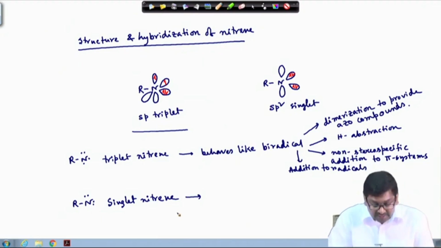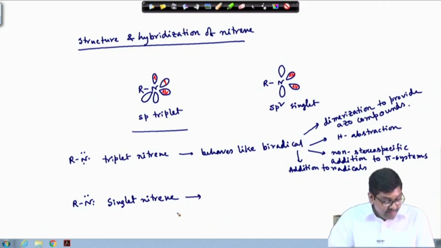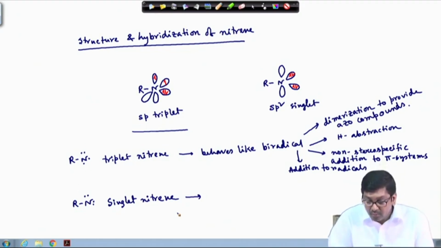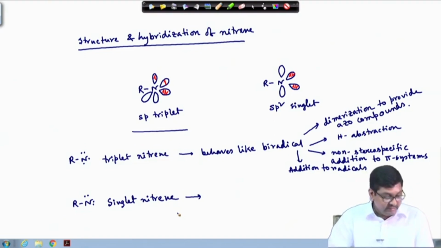One important aspect of this singlet nitrene is that it has one empty non-bonding molecular orbital, and that has the capability to accept electrons from other sources.